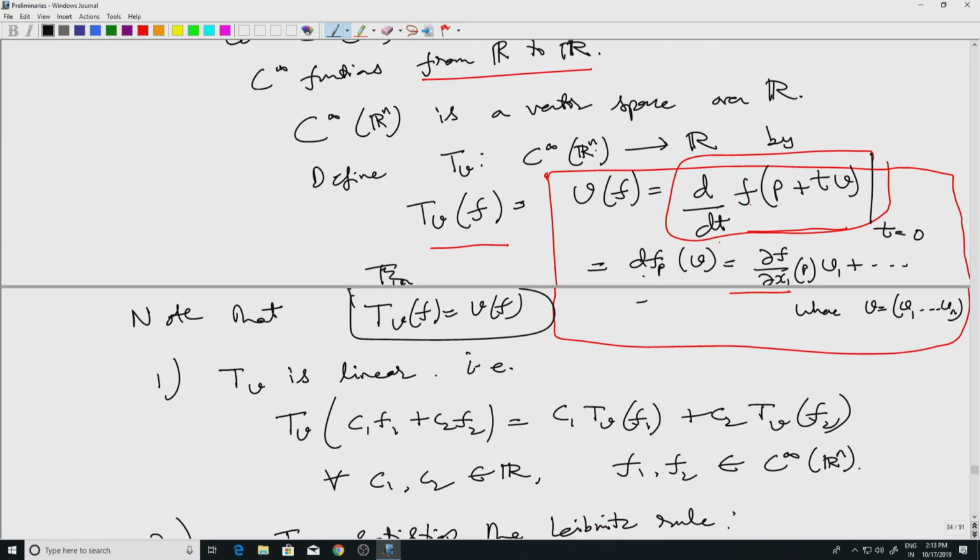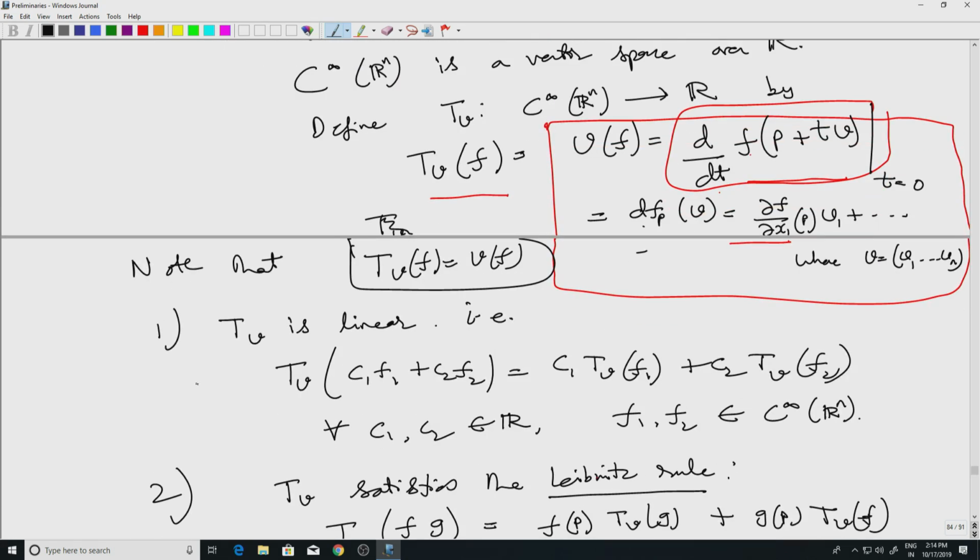Now, if we think of TV in this fashion as a map from C infinity of Rn to R, then TV is linear. In other words, TV of c1 f1 plus c2 f2 is c1 TV f1 plus c2 TV f2.